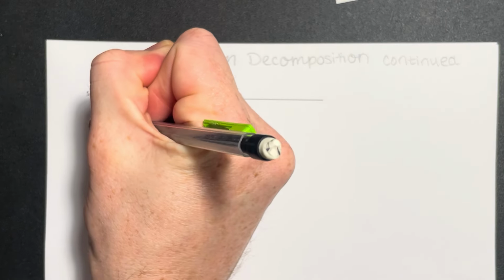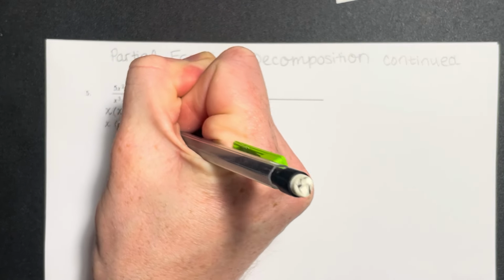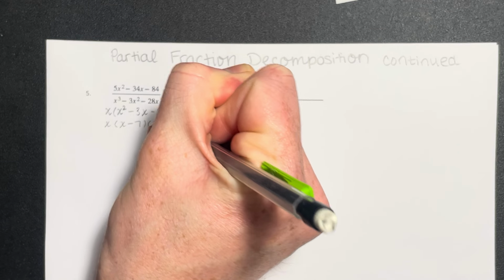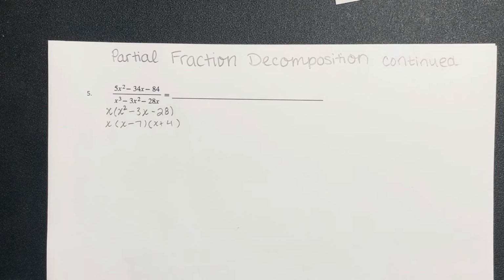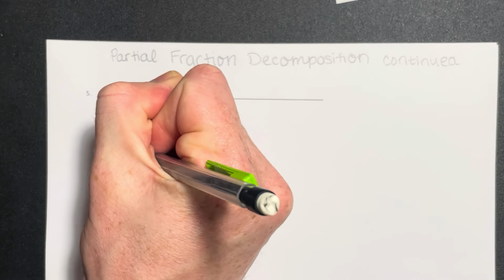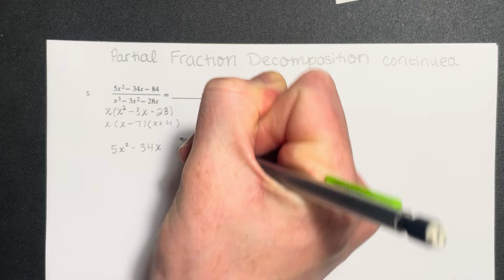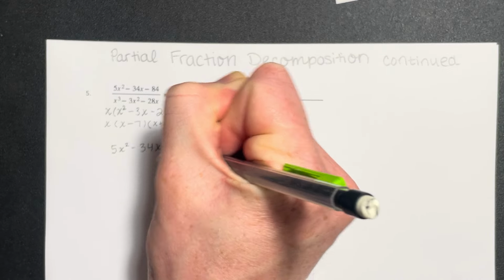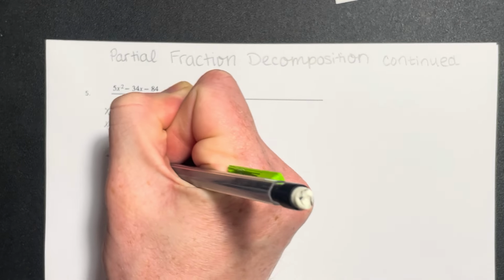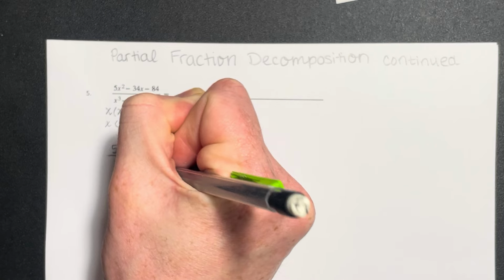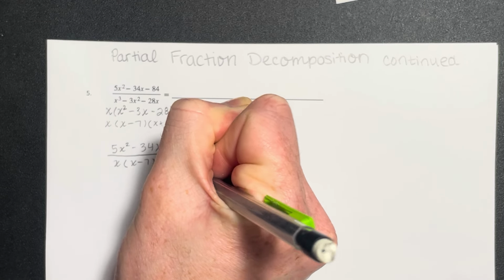So that would factor into x times x minus 7 times x plus 4. What we can now say is that this rational expression, 5x squared minus 34x minus 84, can be rewritten with a denominator of x times x minus 7 times x plus 4.